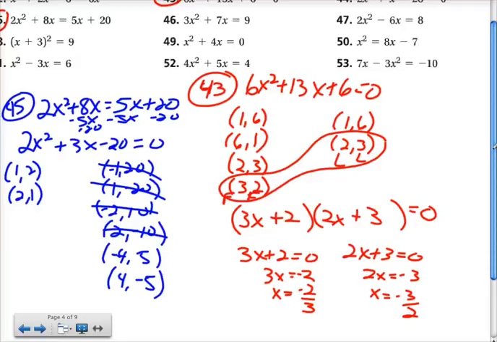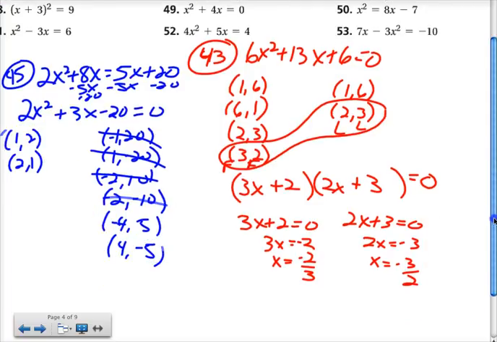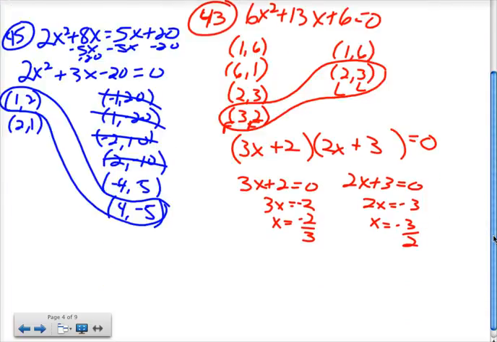So I want a positive 8 out of this, and that would be inside here. So outside times outside gives you -5, inside times inside gives you +8. And negative 5 plus 8 gives us our 3.